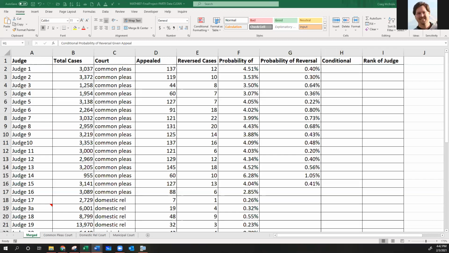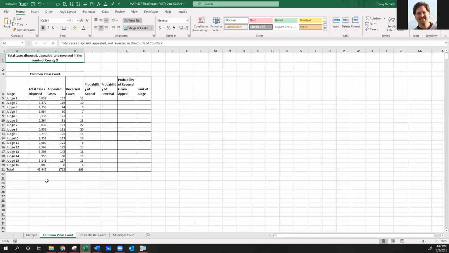That way, when I look at your rankings, they will match up with mine. And more importantly, your probabilities will match up with mine. So please keep them that way. You're going to do them each individual one. I've got the master sheet, but you'll want to do each individual court and leave the judges sorted by their numbers, please. I'm so glad you asked that, Michael. Thank you, because that makes it so much easier for me to grade.